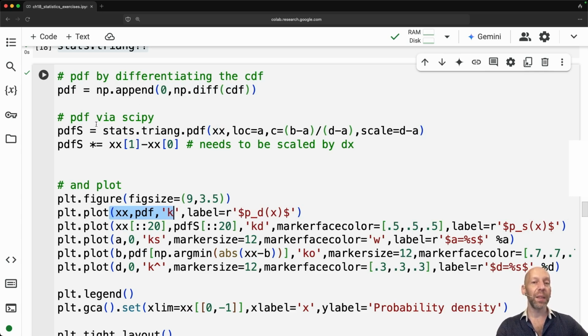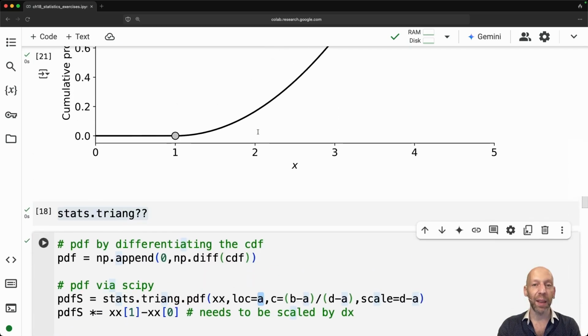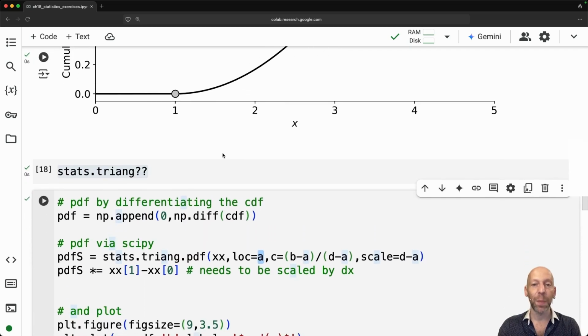Okay, so here is how we create this triangular PDF in SciPy.stats using the pdf method on the triang function. So we input the x-axis values, and now the three inputs that SciPy wants are loc, c, and scale. Now, loc actually corresponds to point A, so that's pretty easy to specify.